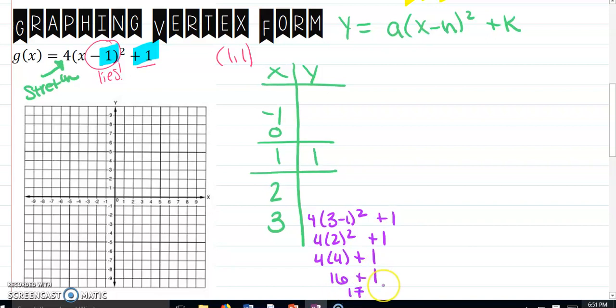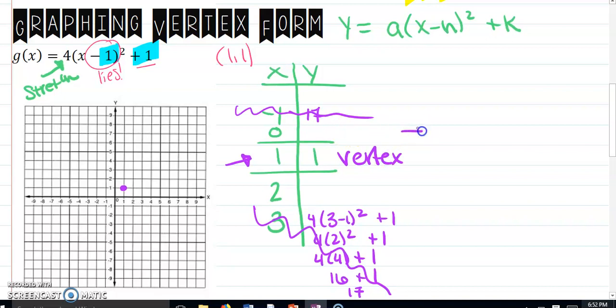Plus 1 is 17. So you can tell that this point is nowhere near on my graph. I don't necessarily need it, which would mean that negative 1 is too big as well. Okay, and that's okay because this graph was stretched by 4, which is a lot, meaning it's going to be really tall. If you wanted to plot your vertex, that is 1 point we do know already.